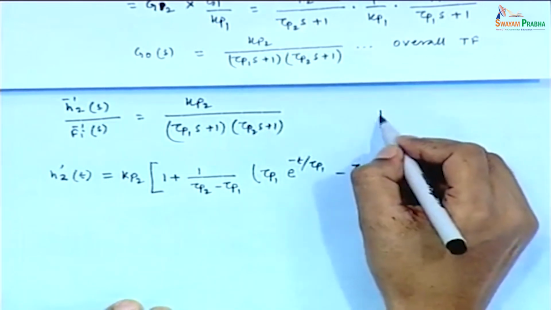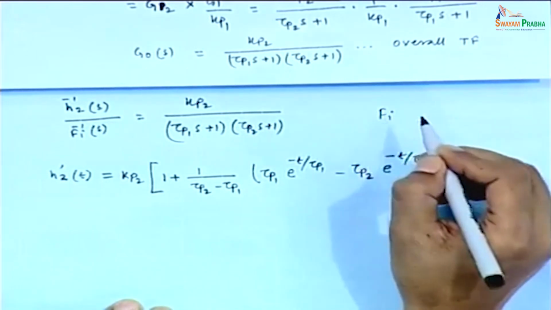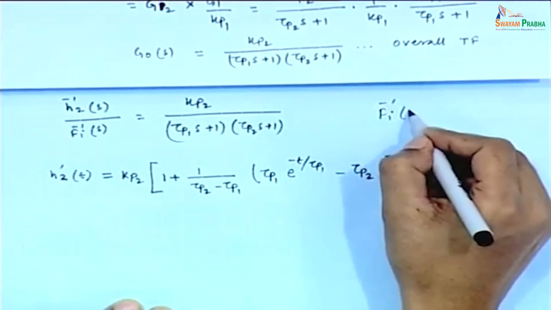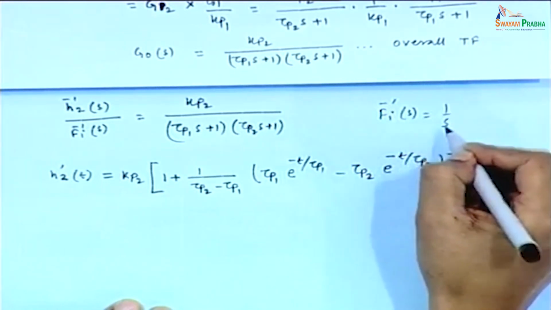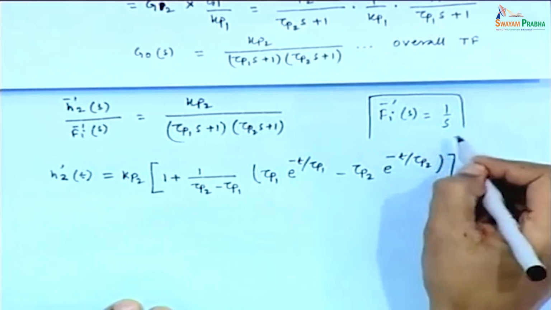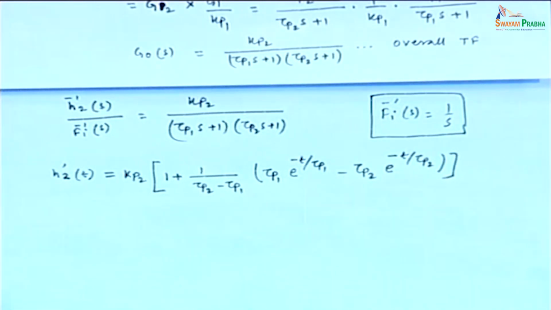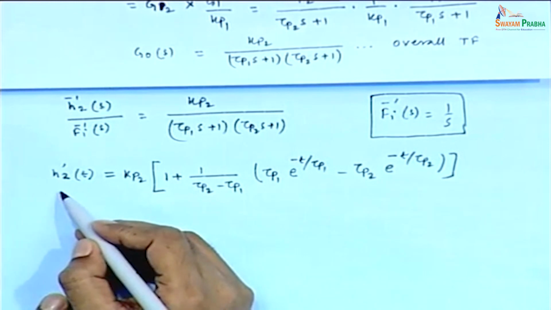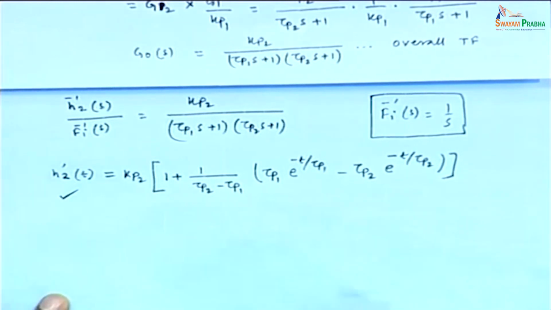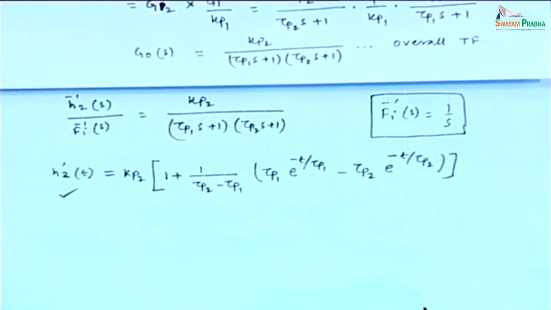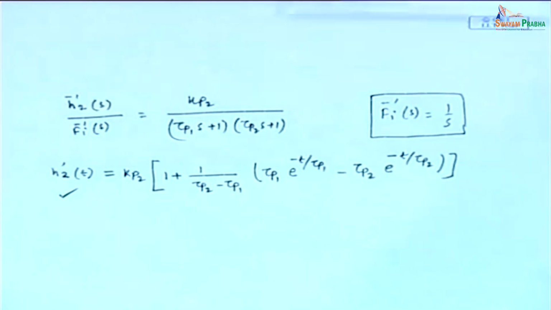Considering a unit step change in Fi bar prime(s), I mean Fi bar prime(s) equals 1 by s, and taking inverse of Laplace transform, we get the expression of output H2 in time domain like this.